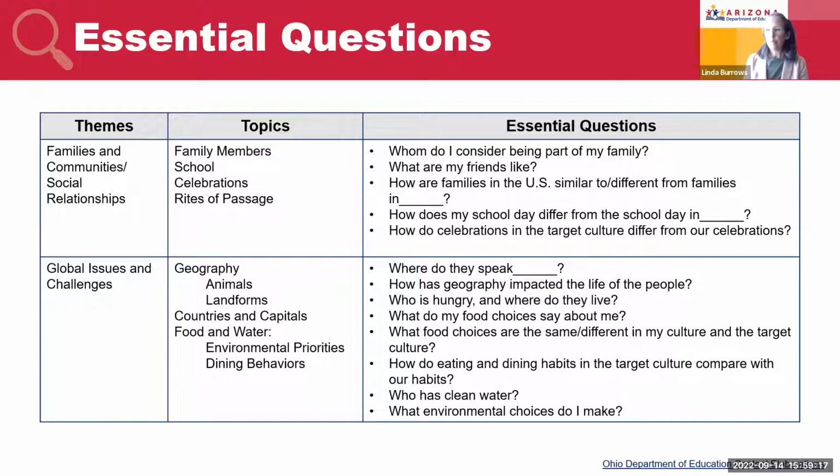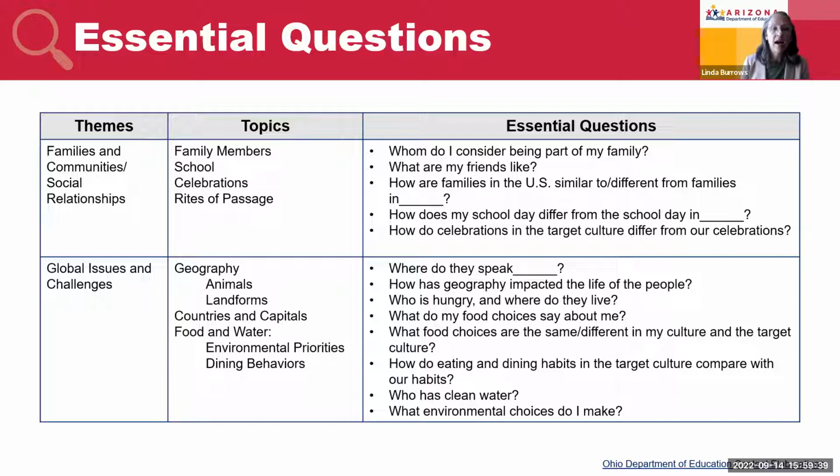Here is an example, again from the Ohio Department of Education, of essential questions: Whom do I consider being a part of my family? Families look different all over the world. What are my friends like? How are families in the US similar to and different from families in whatever country speaks the target language?